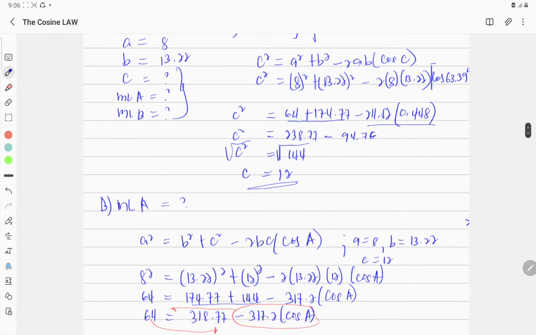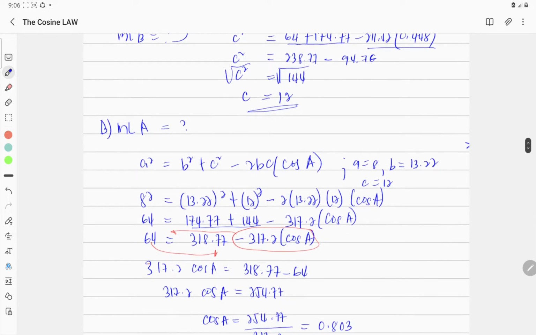What we need more is to find the measure of angle A. We take the same formula because we want to find A. So a squared equals b squared plus c squared minus 2bc times cosine A. Take note that a is 8, b is 13.22, c is 12.